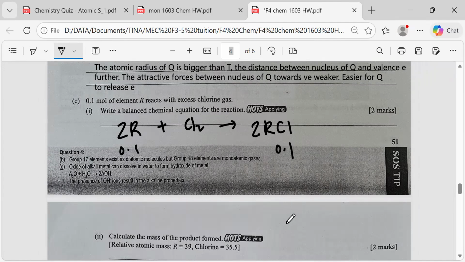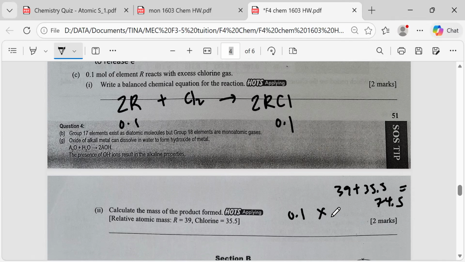So 0.1 multiply R plus Cl. 39 plus 35.5 is 74.5. So 0.1, do you know why 0.1? Small cell. So 7.45 grams. Do you understand?